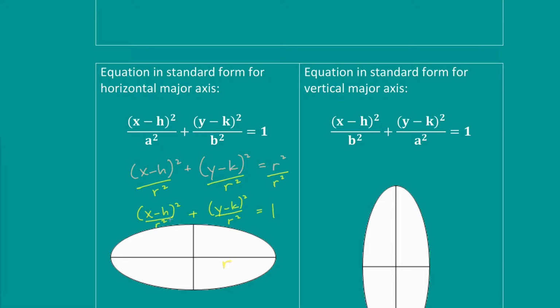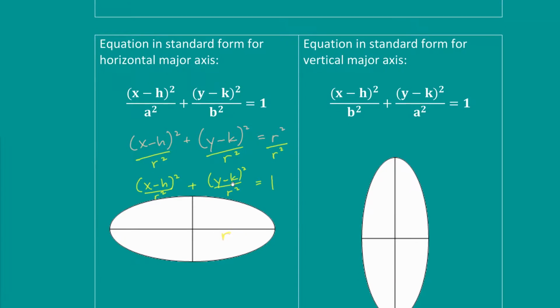Now instead of using r, we can use different values. Let's say our x value is an a and that's a b. Instead of r squared, we can write a squared here and b squared there. So it's very similar to the formula that you've got for circles.